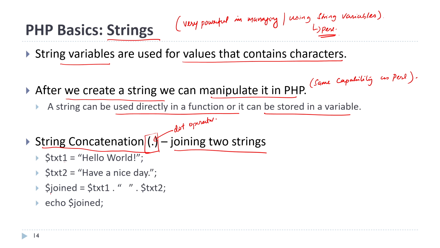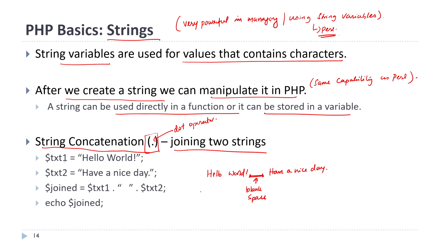Now, what I am doing here is $joined is equal to $text1 dot, then a space, dot $text2. So, it takes hello world, adds a blank space, then adds have a nice day: hello world! have a nice day.